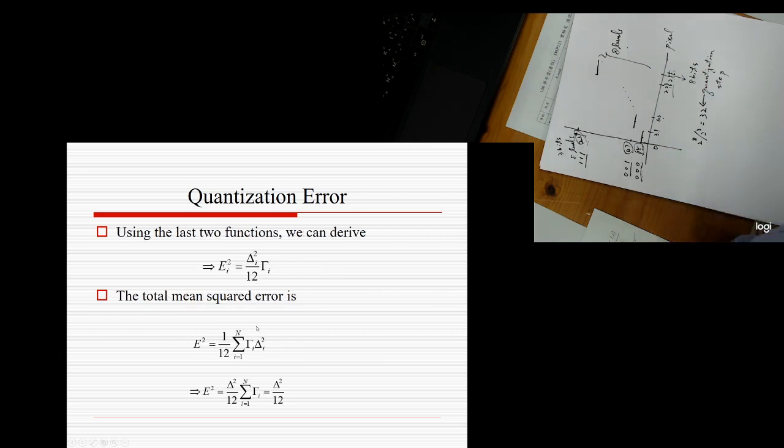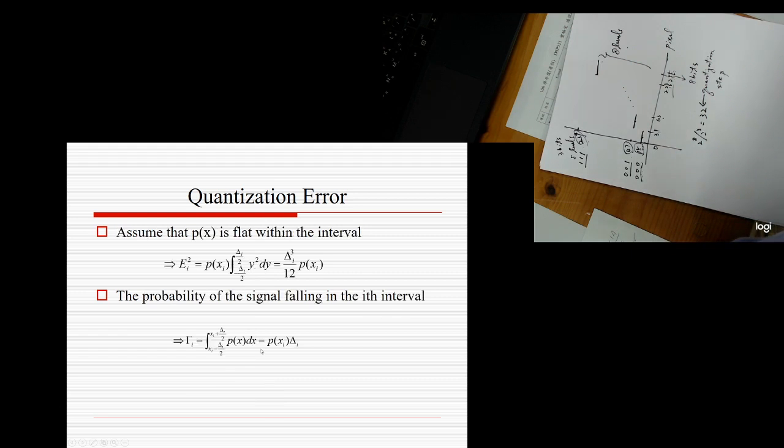So using the last two equations, we combine them together and remove P of S i, because we have this E i squared and we have tau i.